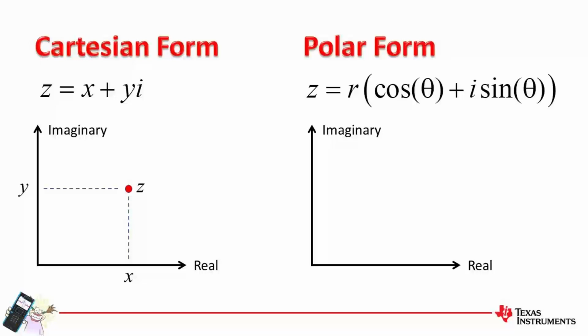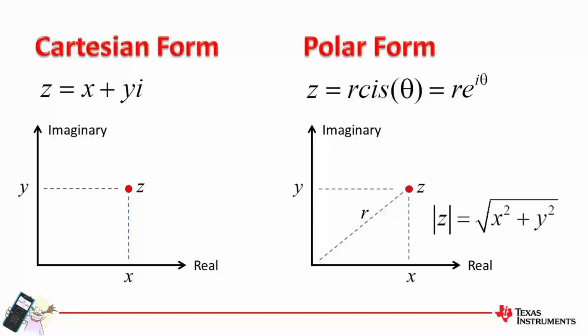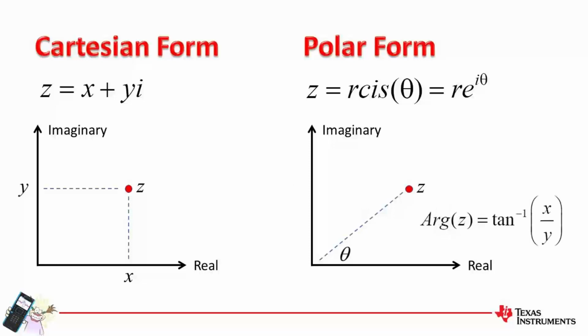However, the calculator will display it slightly differently, as r e^(i theta), where r is the modulus of z and theta is the argument of z, with the principal argument being between minus pi and pi. We'll illustrate with some examples how the polar form is on CAS.